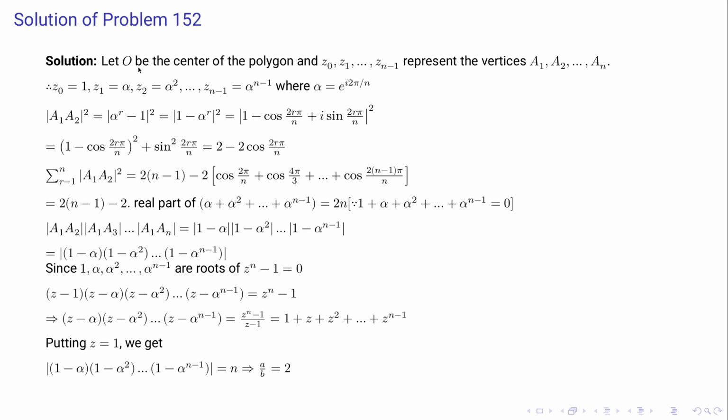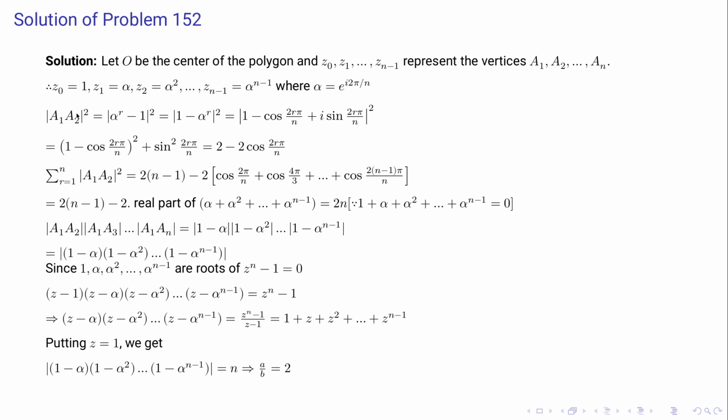So we let O be the center of the polygon, and Z0, Z1, up to Z(n minus 1) represent the vertices A1 up to An. So Z0 would be 1, Z1 would be alpha, Z2 would be alpha square, and Z(n minus 1) would be alpha to the power n minus 1, where alpha is e to the power i 2 pi by n. That is the angle between two vertices of the polygon.